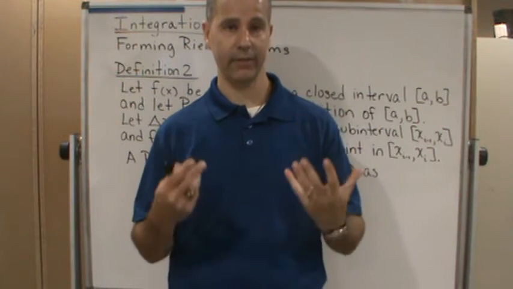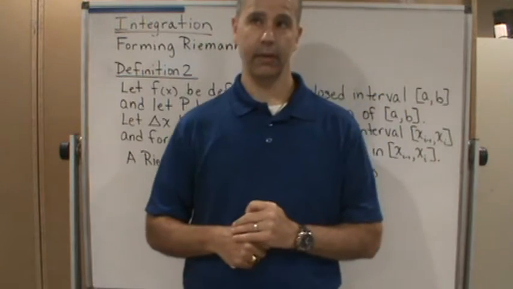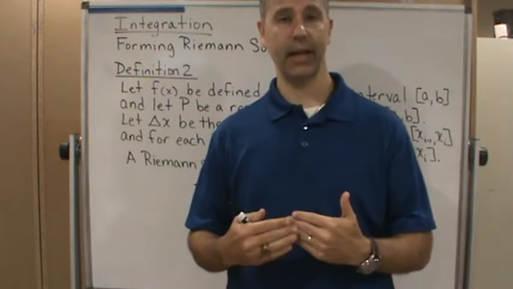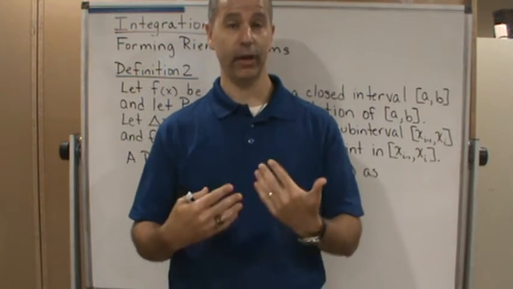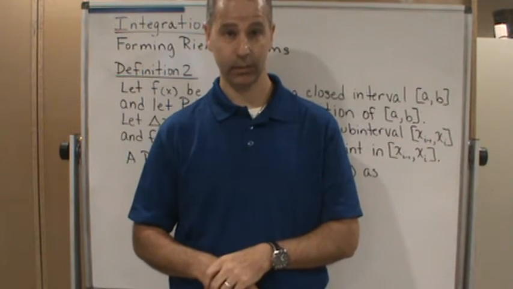So we form a conjecture that it seems like this is heading towards 8, that the area under the curve from 0 to 2 for this function is equal to 8.